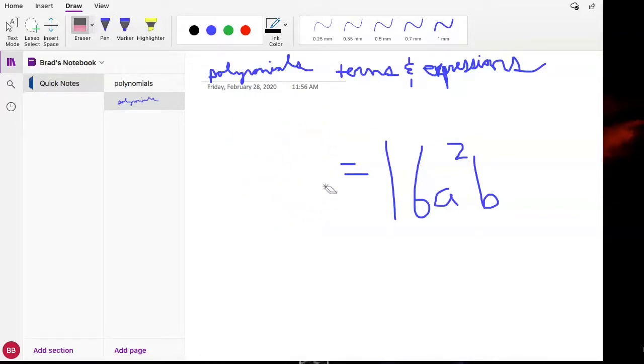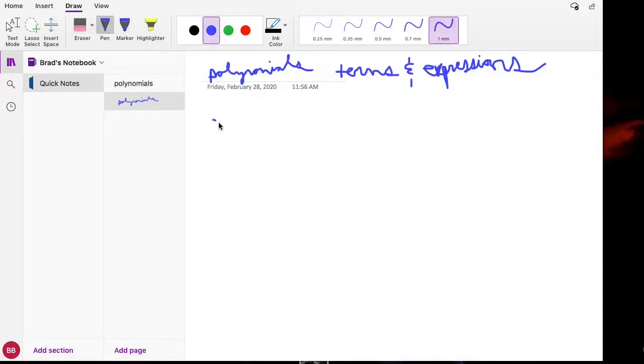Okay, erasing these. This last one is a little trickier, but I think you can handle it no problem. Let's get that pen going again.